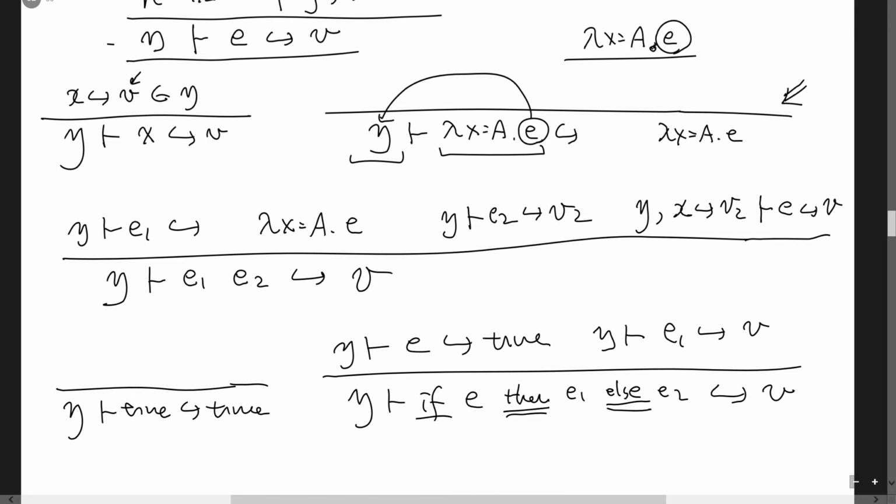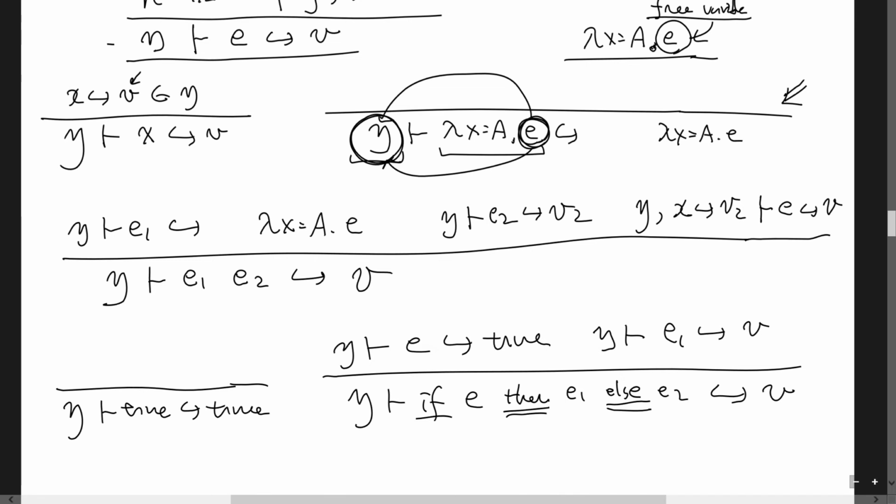later evaluate some variable, some free variable in expression E, there's no way to evaluate it because the environment is missing. In order to evaluate the free variables in the expression E, we have to carry this environment as well.